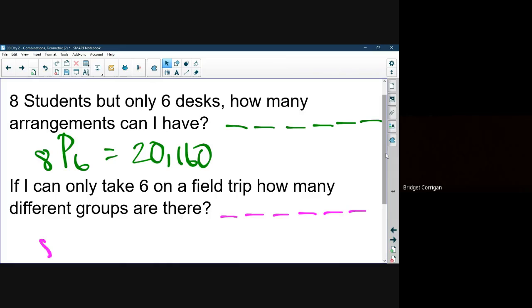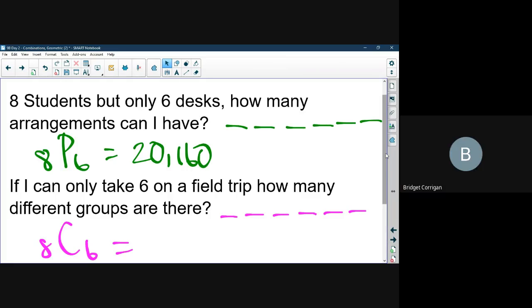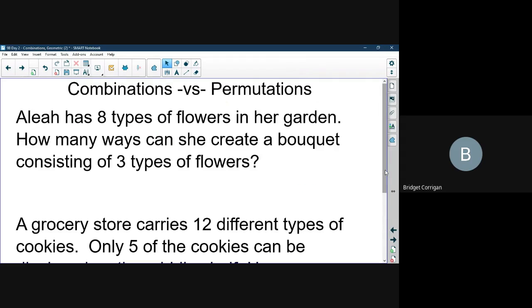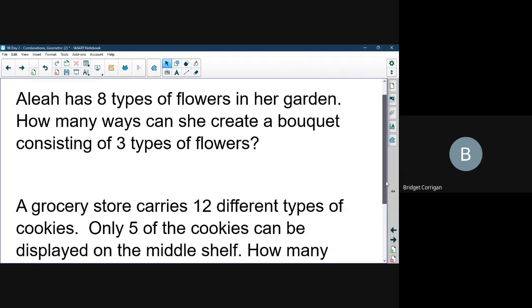So this one is going to be a combination. Out of the 8 students, you're going to choose, select is kind of a keyword too, 6 of them. So that one's going to be 28. There's 28 different ways you can select 6 students to be in groups. Okay, again, pause and see if you can determine which one is a combination and which one is a permutation.